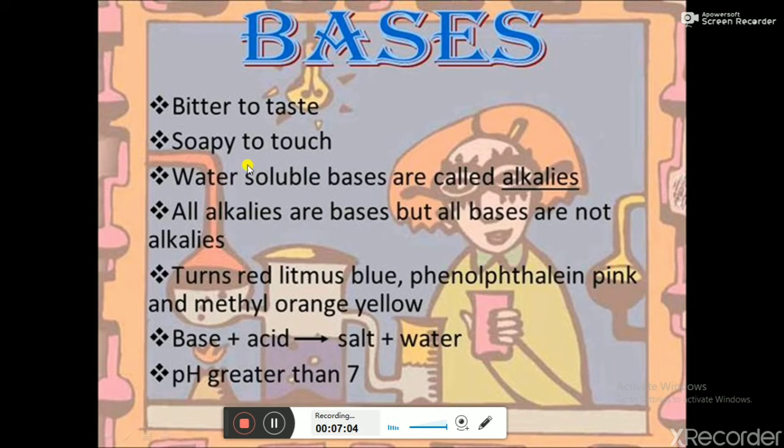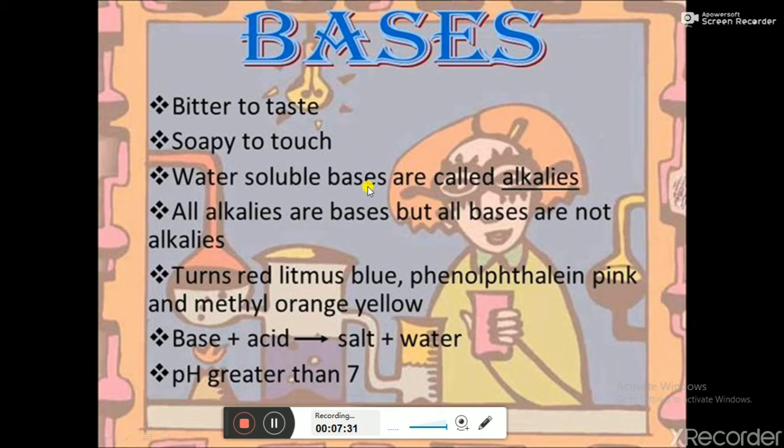Now, bases have another name, that is alkalis. But all bases cannot be called alkalis. Only those bases which are water soluble in nature are called alkalis, and the rest of them are called bases. Now we can say that all alkalis are bases, but all bases are not alkalis.